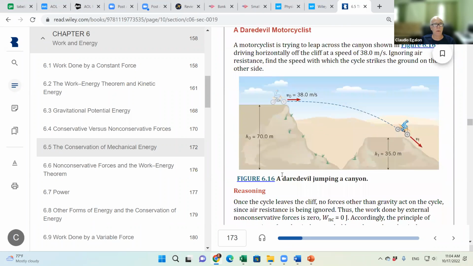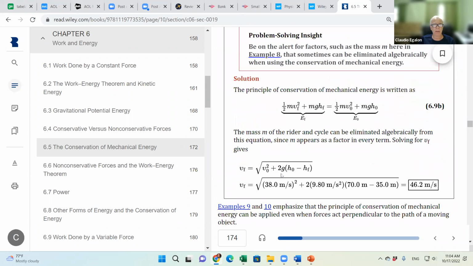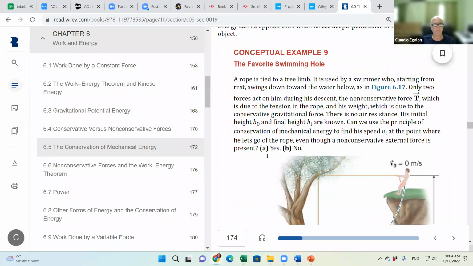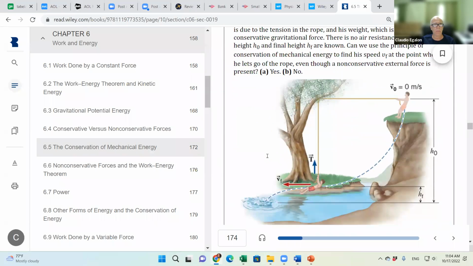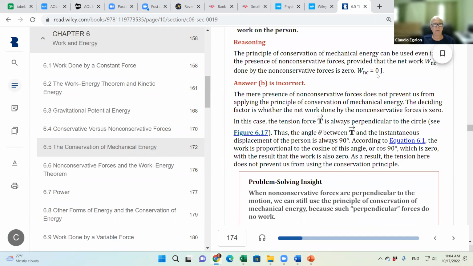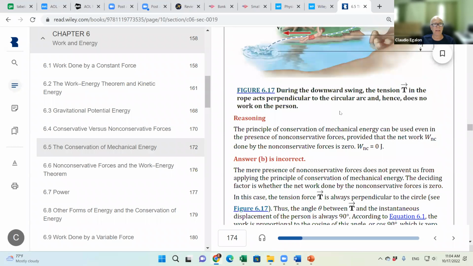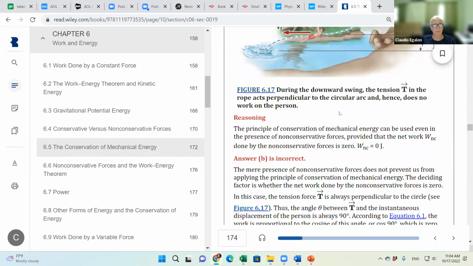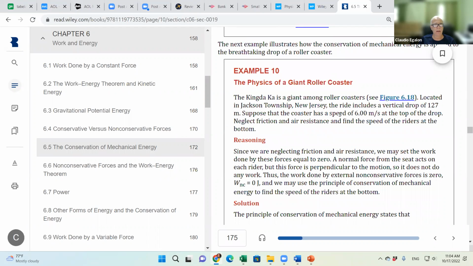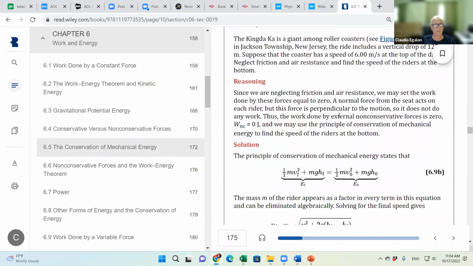And we have this other example right in here. That's the case in which mechanical energy is conserved. There is no friction in there. Here too, the work of the non-conservative forces is 0 because we are neglecting air friction. Physics of a giant roller coaster.